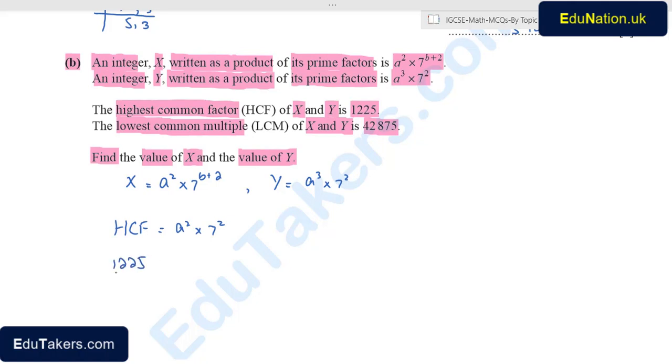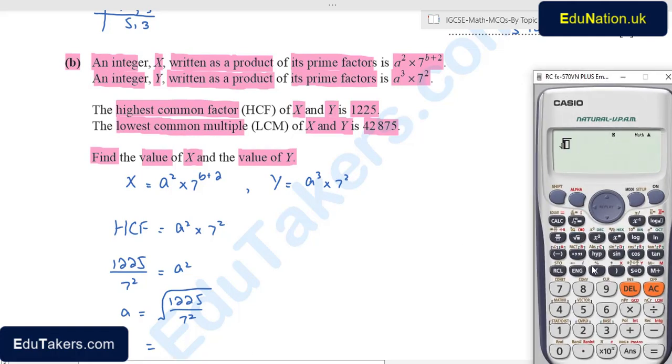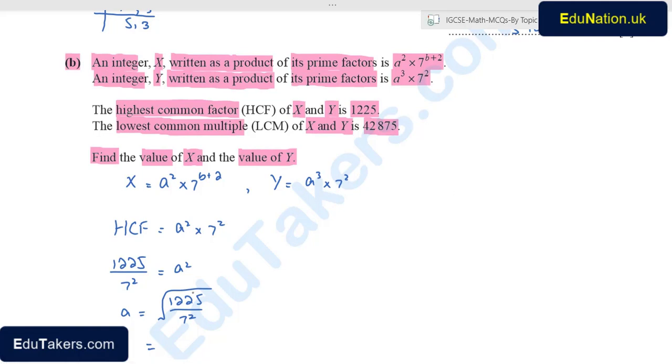So 1225 over 7 square is equal to a square. From this, a will be equal to square root of 1225 over 7 square, which is equal to 5.